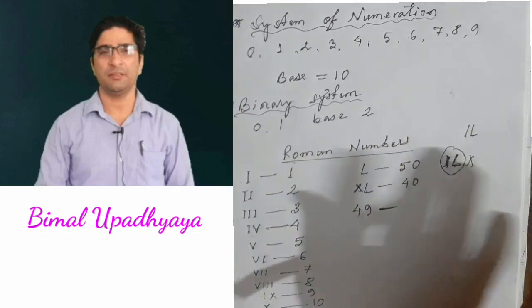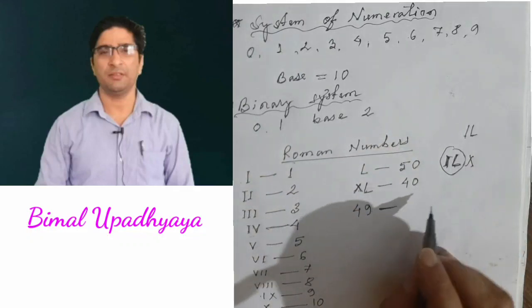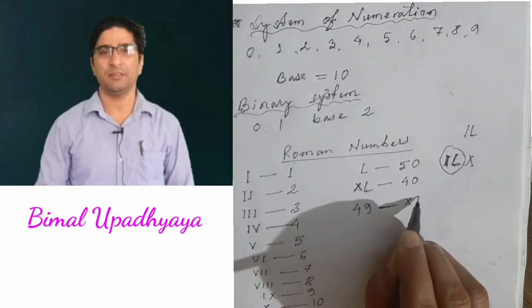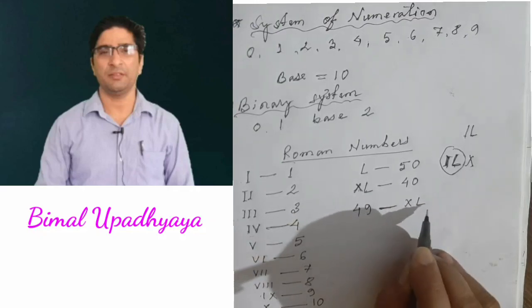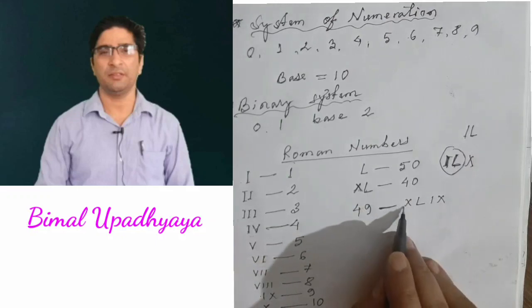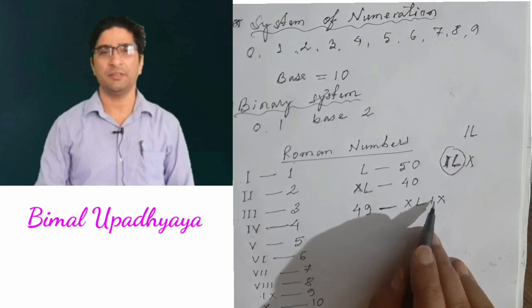To the left of L we must write a 2 digit number. So for 49, first we write 40, which is XL, and then 9, which is IX. So 49 is XLIX. It is not IL.